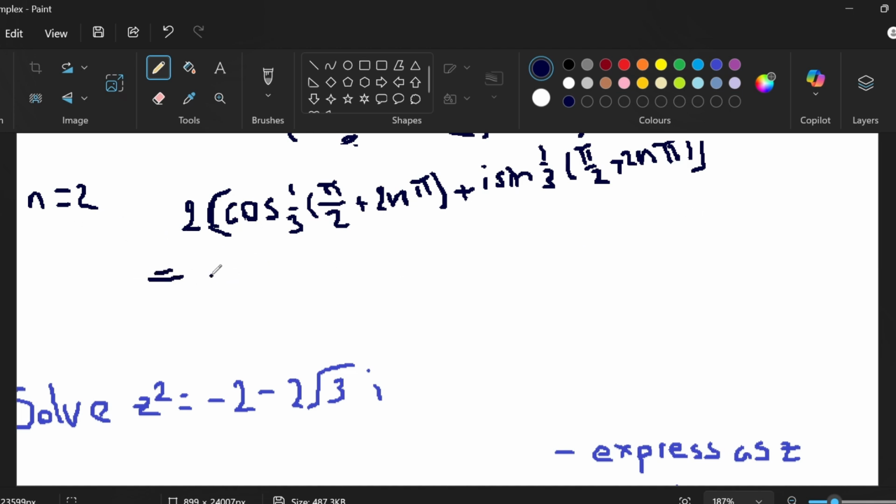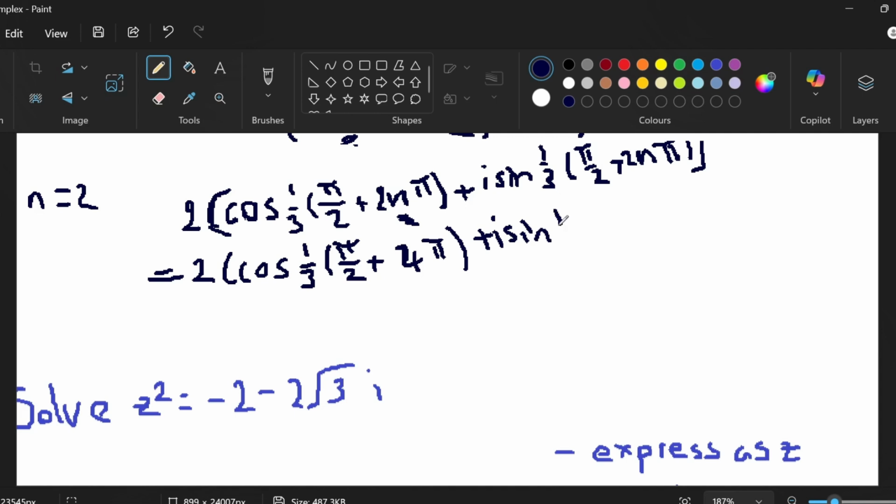So this is going to be equal to 2 times cosine 1/3 times (pi over 2 plus 2 times 2), that's going to be 4 pi, because I sub in my n here, plus I sine 1/3 times (pi over 2 plus 4 pi).